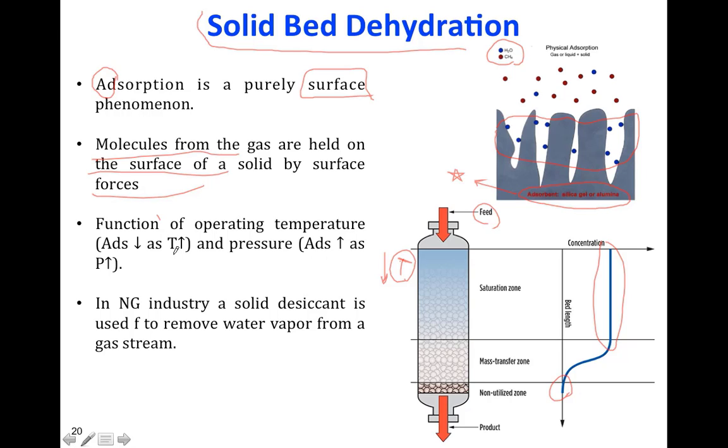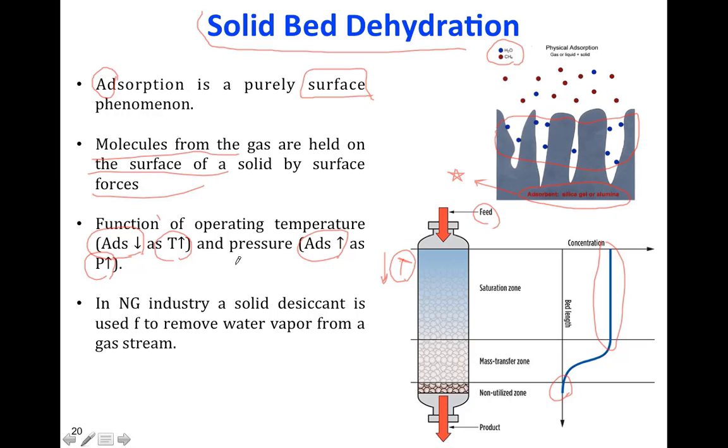So as I said, adsorption shows better performance at lower temperature. If we increase the temperature, we will decrease the adsorption efficiency. And for pressure, if we increase the pressure, we will have better adsorption.